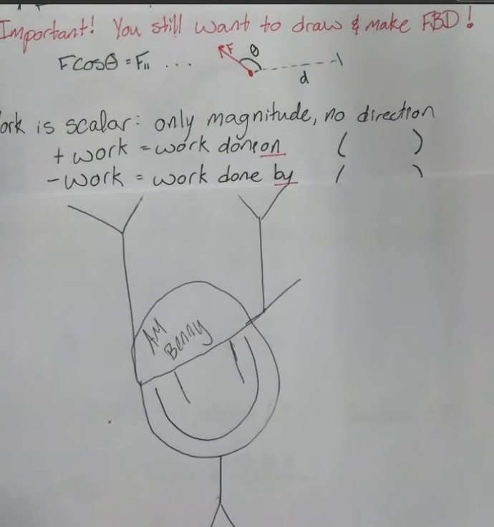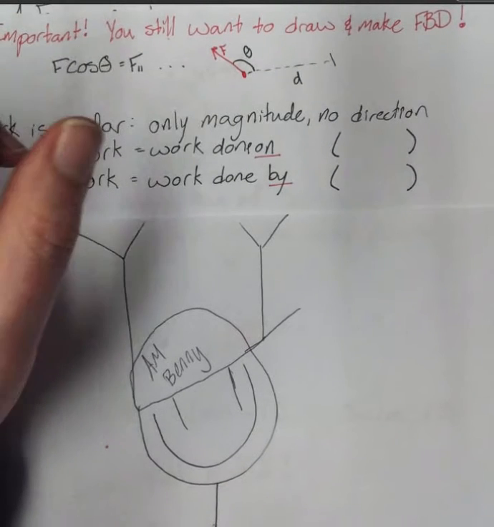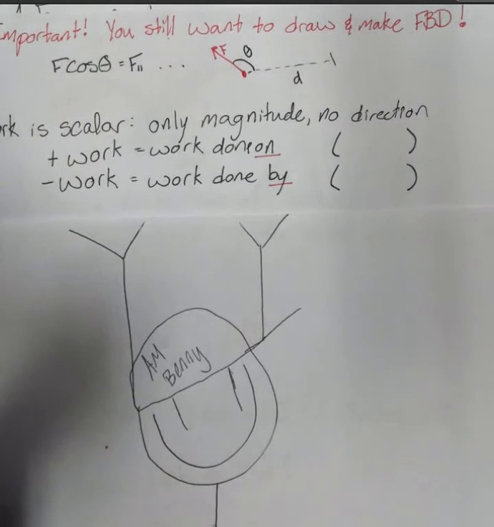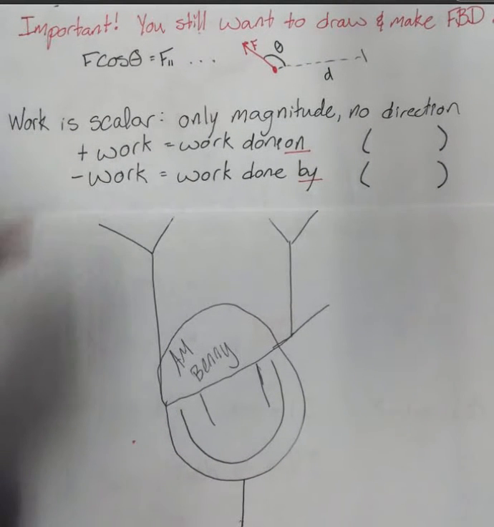Please make sure that you know, even though force is a vector quantity, even though displacement is a vector quantity, the work that you calculate as a product of these values is only magnitude. There is no direction. Work is scalar, which means that if you have a positive value for work, it does not mean in the positive direction. And if you have a negative value for work, it does not mean that it was a negative direction.